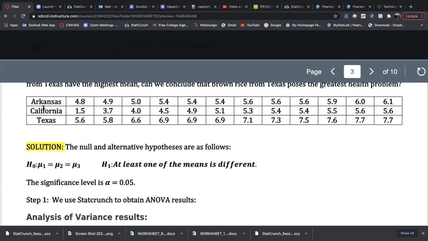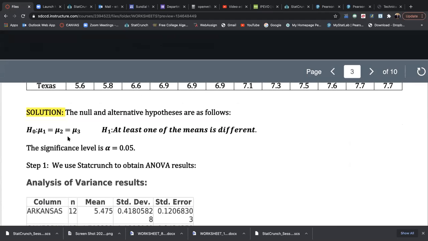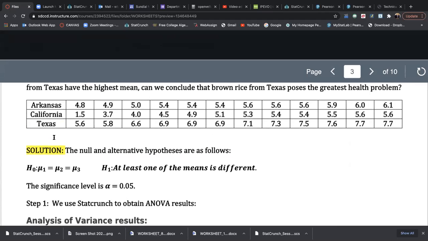And we'll go ahead and list our data as we did in the first problem in columns in StatCrunch in order to perform our FSTAT test. And K is 3 here, as it was in the first problem. We have the three states. So across these 3 states, we have 12 measurements.